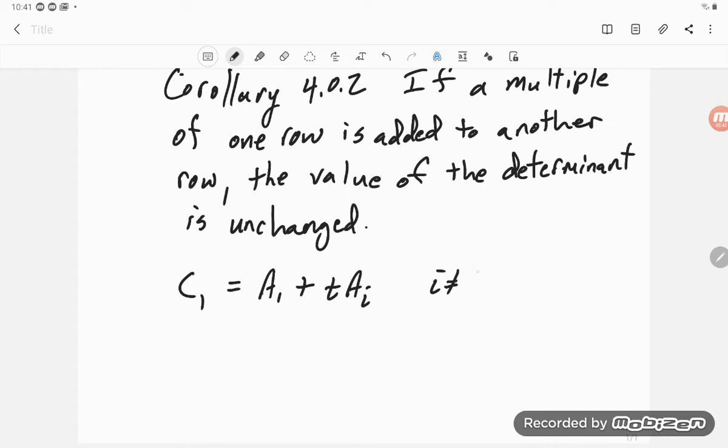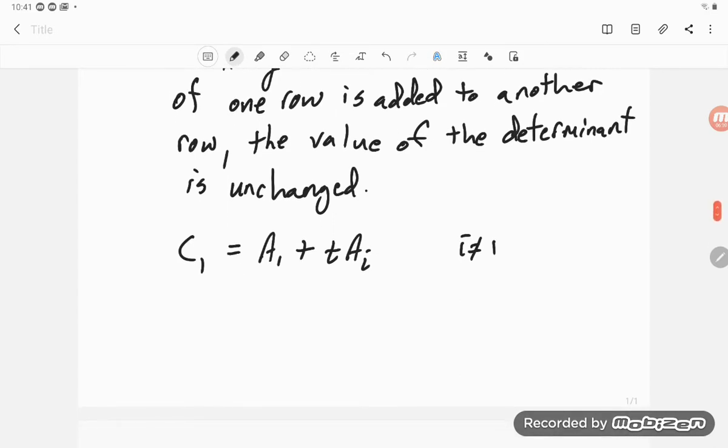Oh wait, no, it did say another row, so it does matter. Okay, so we had that multiple I is not equal to 1.